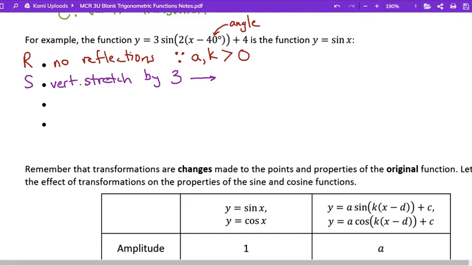Yes, but remember when we were talking about the periodic functions? The amplitude, exactly. So this directly changes the amplitude. So now amplitude is 3. If the amplitude for the parent sine and cosine function is 1, and we multiply it by 3, the amplitude becomes 3.